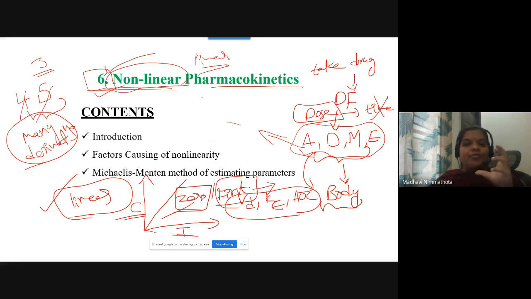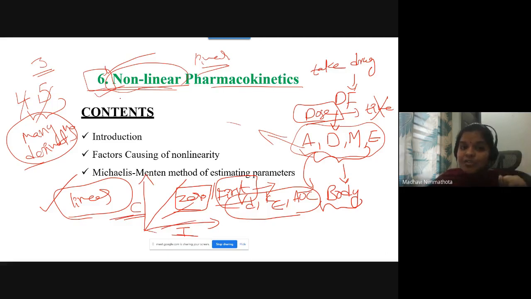If the drug follows these ADME mechanisms as described under pharmacokinetic parameters, whether given by IV bolus, intravenous or oral route, it will give a linear graph of concentration and time relationship.